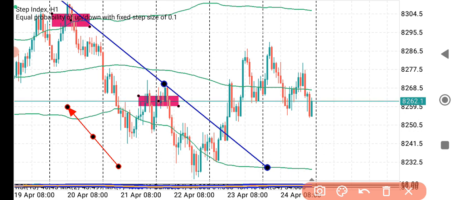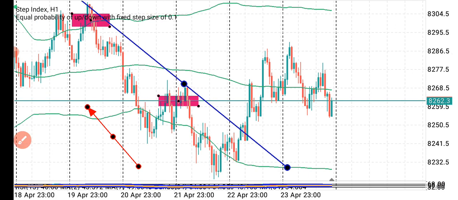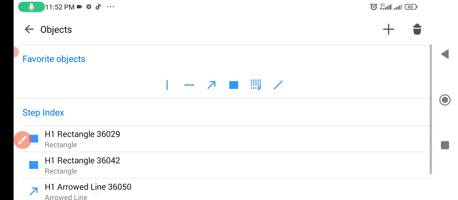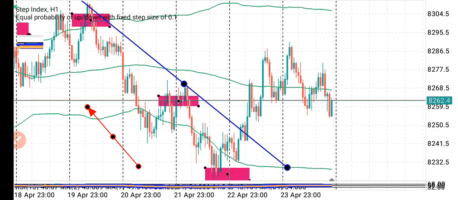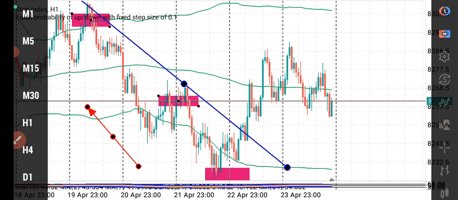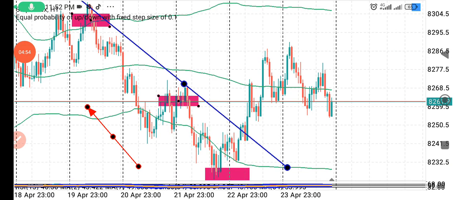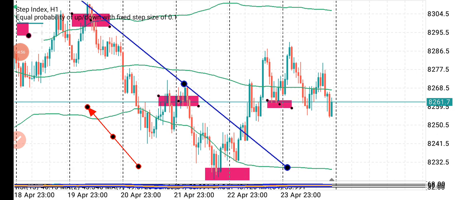And for an uptrend, we will need a low and a higher low for us to connect our uptrend. We need a low and a higher low. And what that implies is, if this is our uptrend, for instance, we need this low and this low.